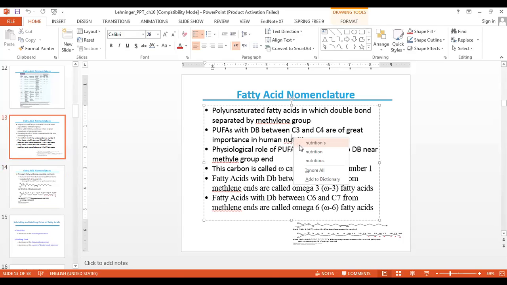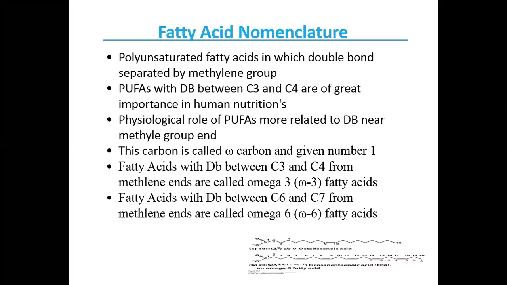The physiological role of PUFAs is more related to the double bond near the methylene group. If we need to look at the physiological role of PUFAs, this is very important, so we look at the nutritional point of view, and it is very important to look at the methylene group.